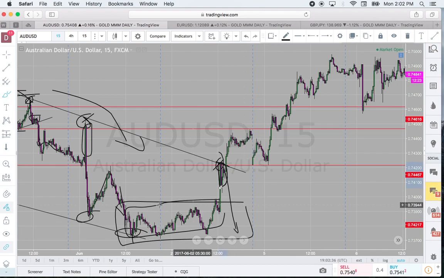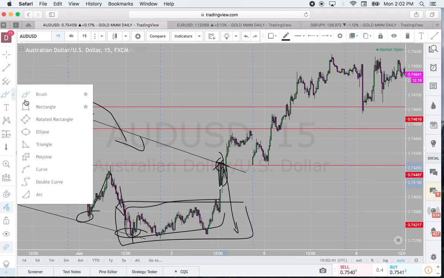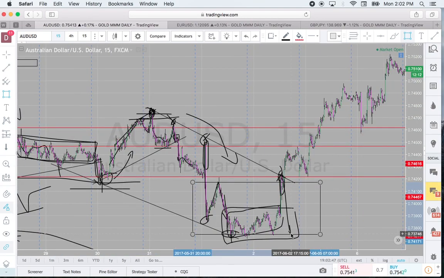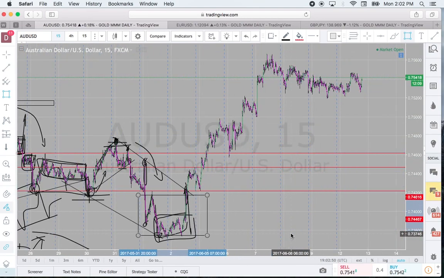This was the trap in here. This is the trap zone now. Look what happened.